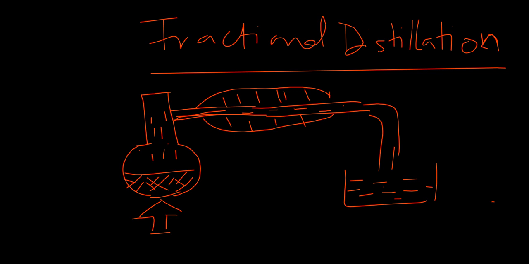Remember, crude oil has a mixture of all of these things and all of them are liquids. So you have liquid petrol, liquid kerosene, liquid diesel mixed together with other liquids to form crude oil. To be able to separate them, you can use fractional distillation to achieve that.